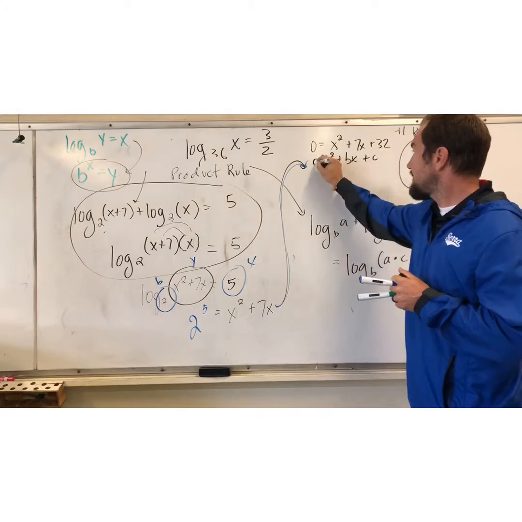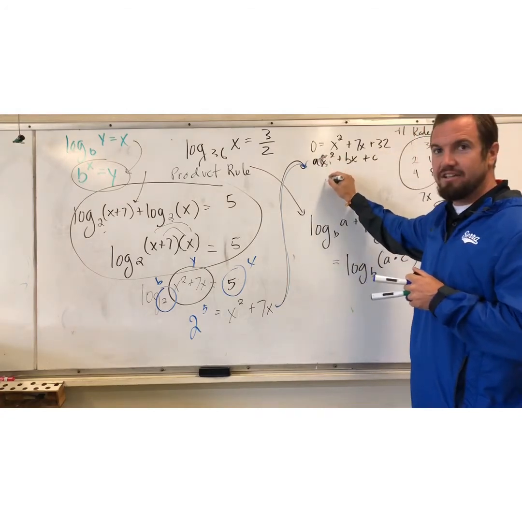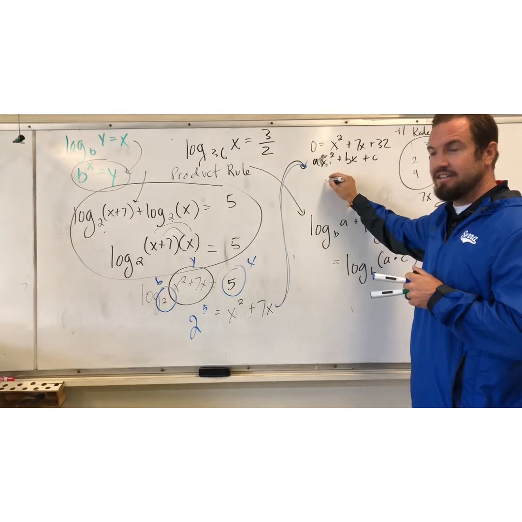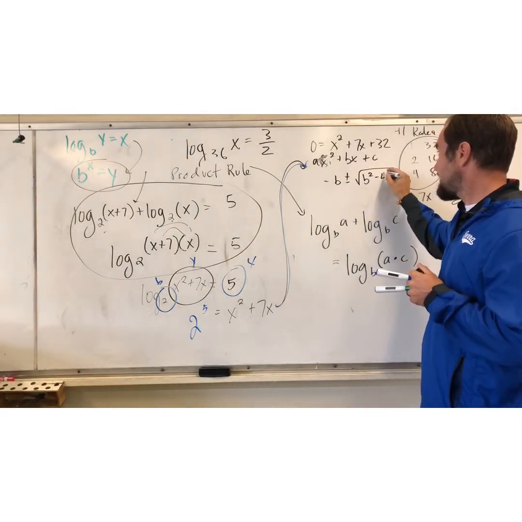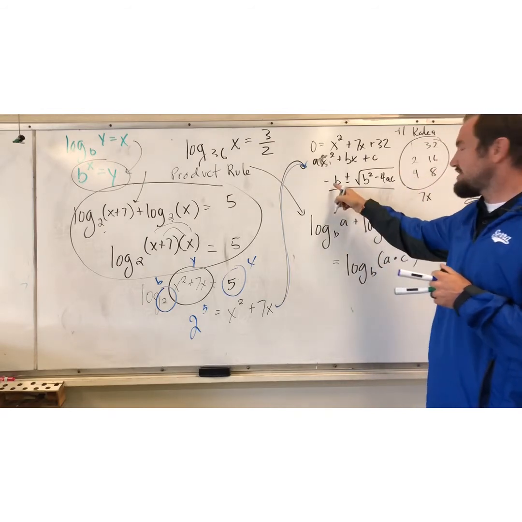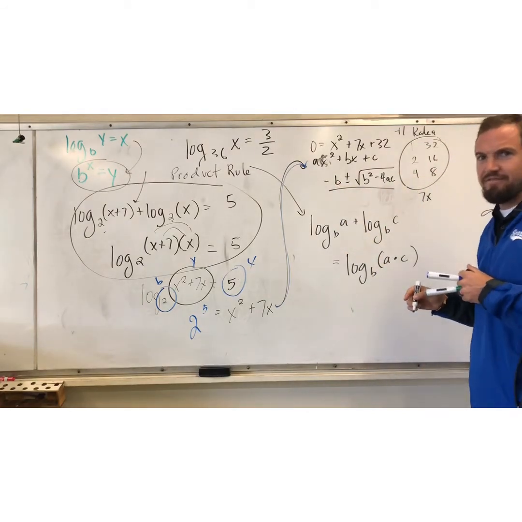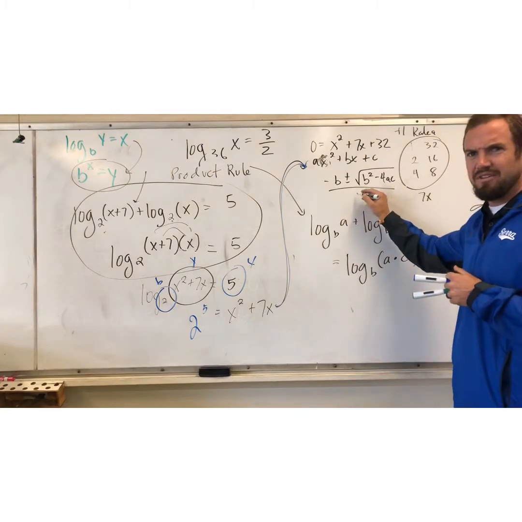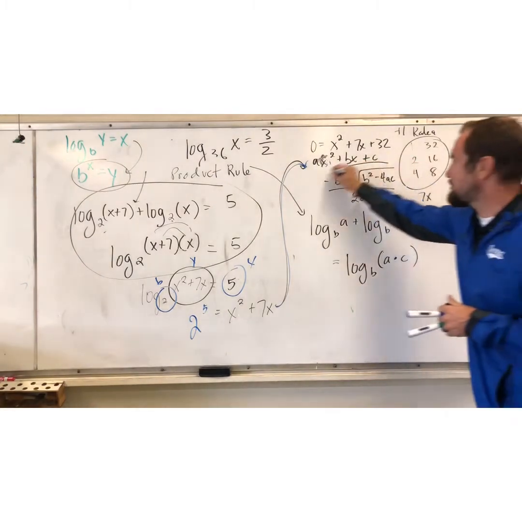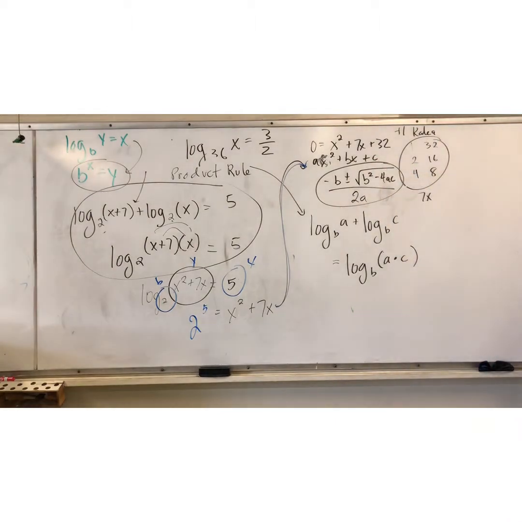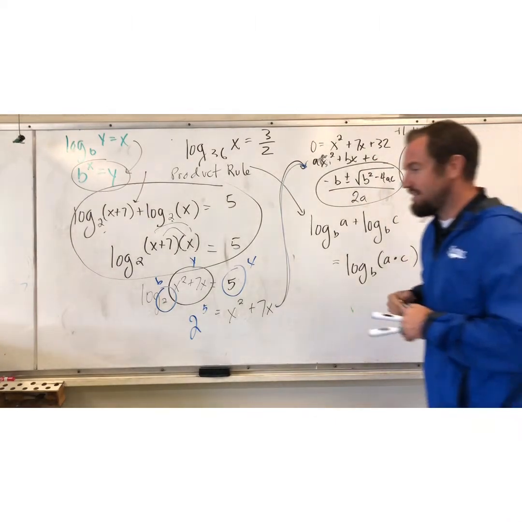Is this a minus b or regular b? It's a negative b. What's on the bottom? Could have just put that in there. That's Ashley and Justin on that one.